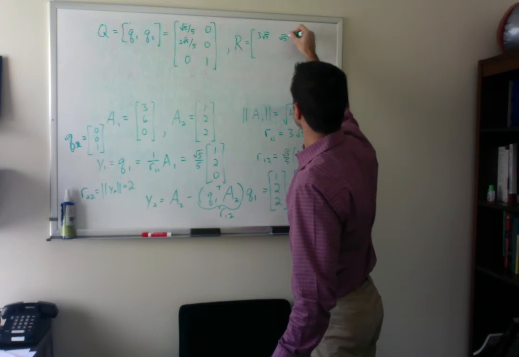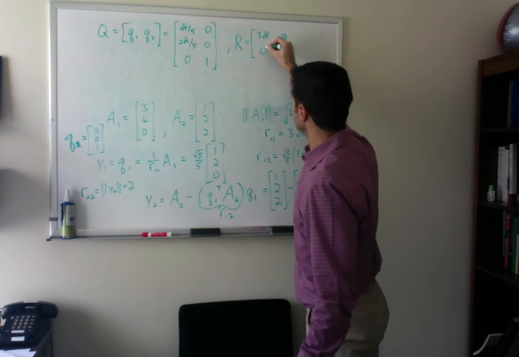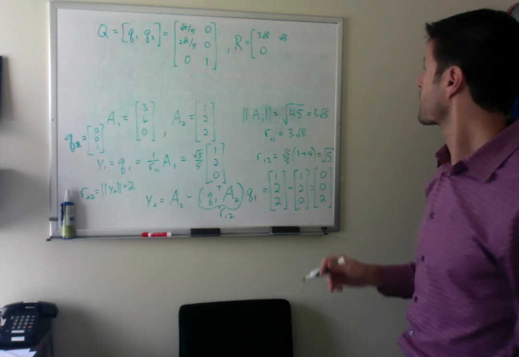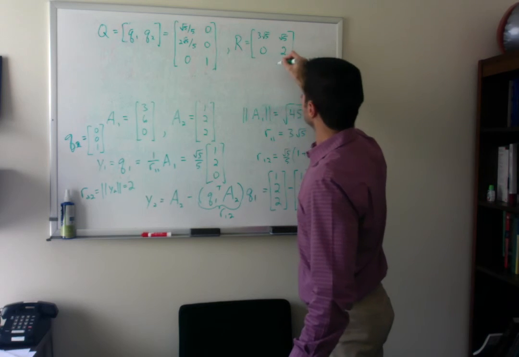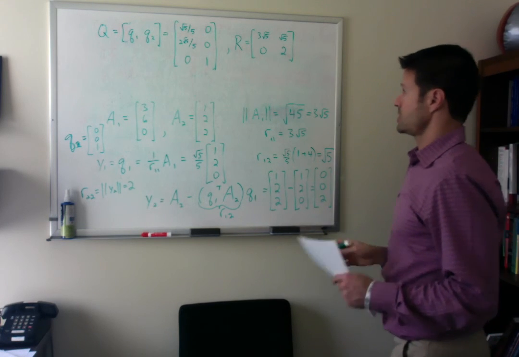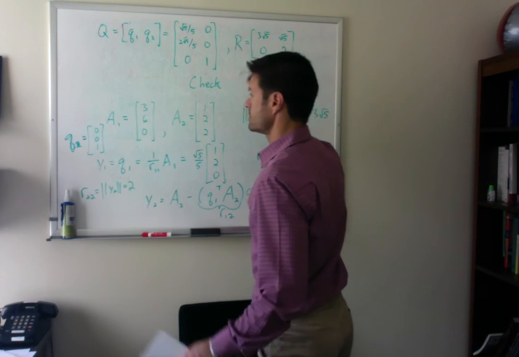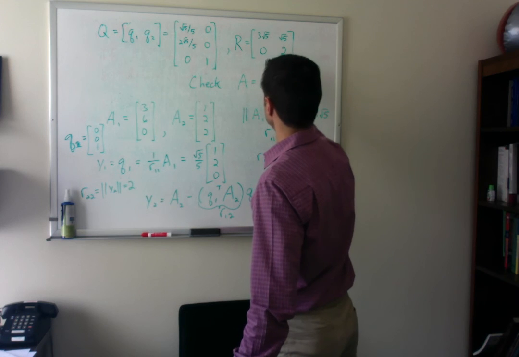That goes here. r21 is 0. It turns out that R is a triangular matrix. And then this entry here is r22, so that's 2. So this is our reduced QR factorization, and I want you to check, by hand or using MATLAB, that A is equal to Q times R.